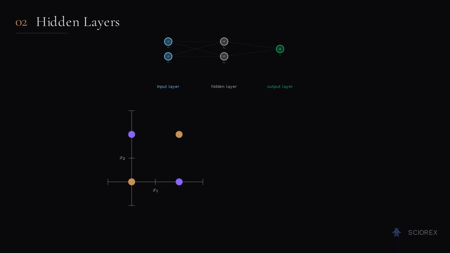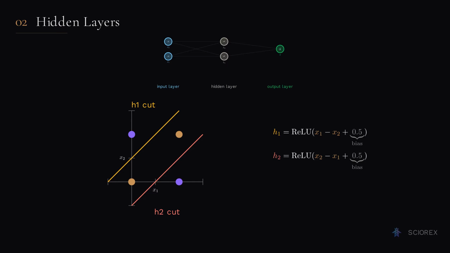Here's the geometry. Each hidden neuron draws its own decision boundary, its own straight cut through the input space. With two neurons, you get two cuts. The hidden layer's output is no longer the original coordinates. It's a new pair of numbers, how far each point is from each cut after the activation function.